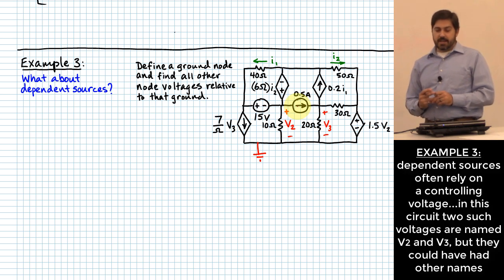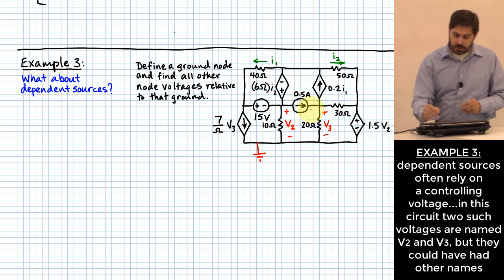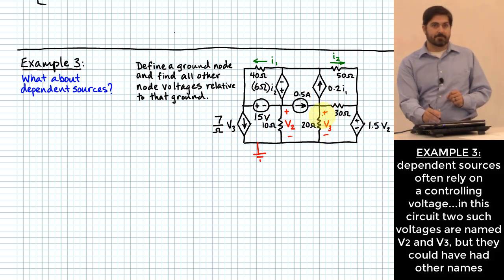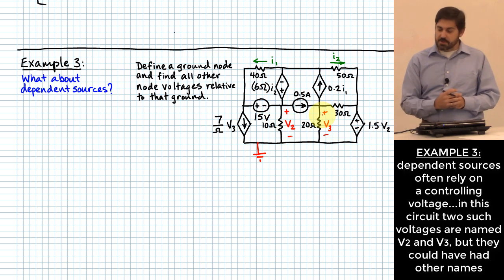And I did that same thing for the other crossroads where I've got the two current sources and the two resistors. With me so far?